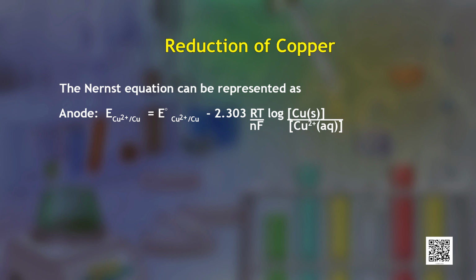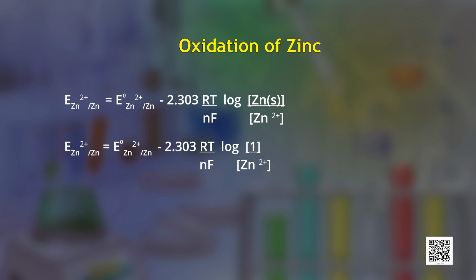Since the concentration of copper is taken as 1, we can simplify the expression now as cell potential for reduction of copper is equal to standard reduction potential for copper minus 2.303 RT upon NF log 1 upon concentration of copper ions. Similarly, cell potential for oxidation of zinc is equal to standard reduction potential for zinc minus 2.303 RT upon NF log 1 upon concentration of zinc ions.